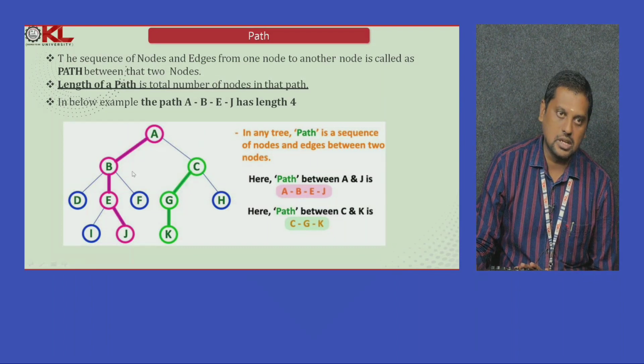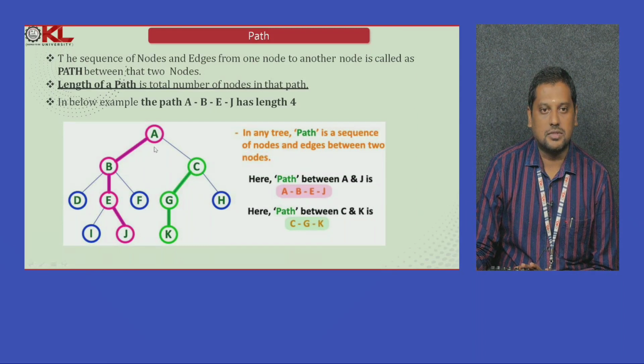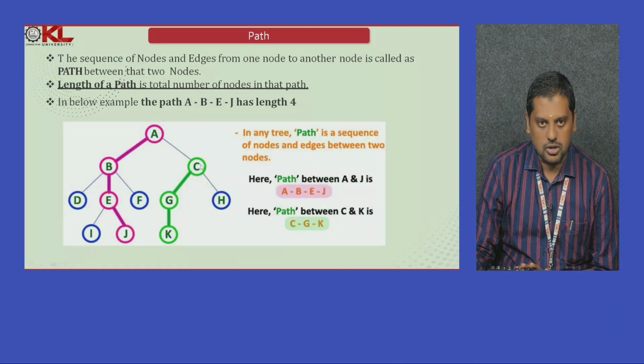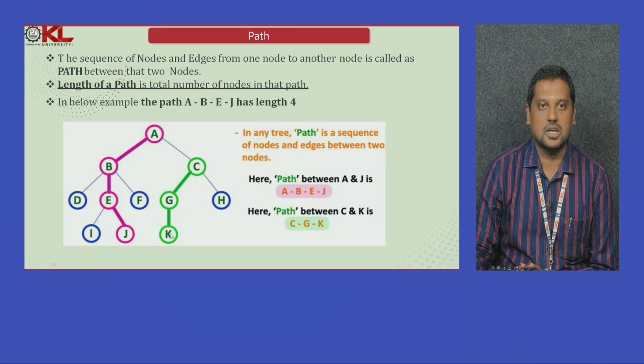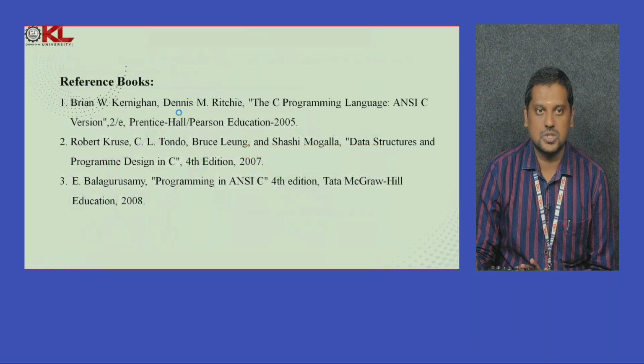In the below example, say I need to know the path from A to J. The path between A to J is, we have to visit all the nodes here, that is from A to B, B to E and E to J. Also here is a path between C to K, that is, from node C you have to visit G, and from G you have to visit K. This is how you calculate the path between two nodes.